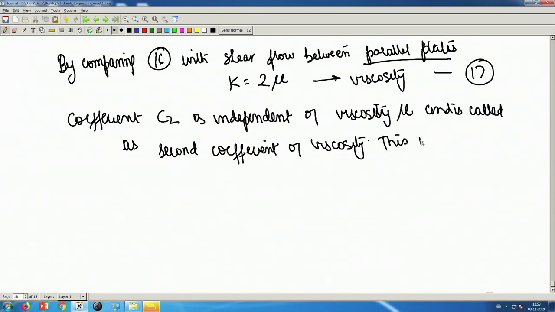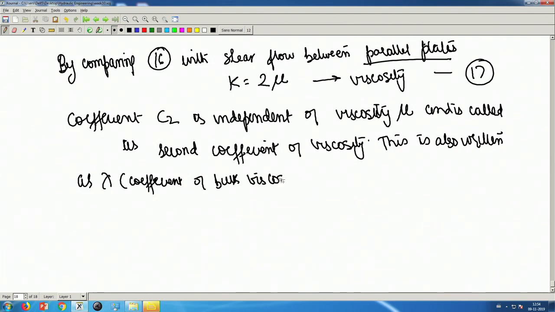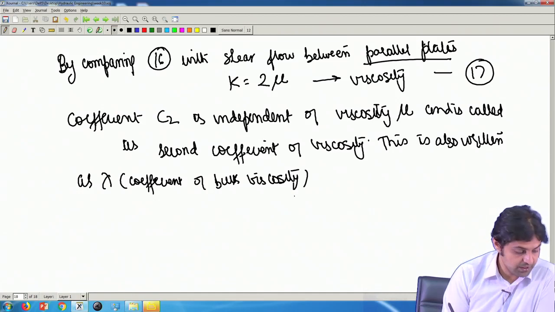This is also written as lambda, the coefficient of bulk viscosity. All right.